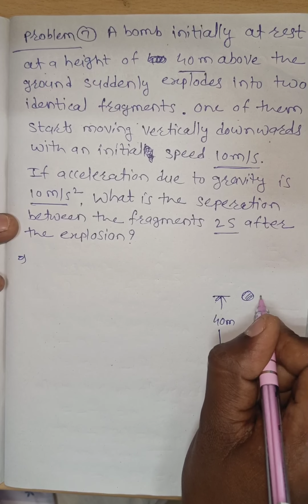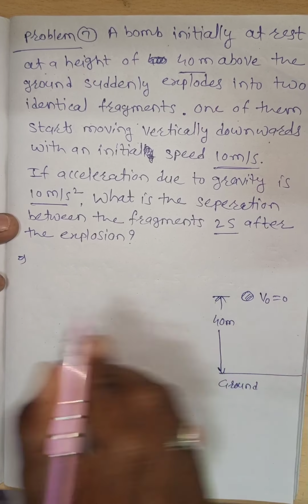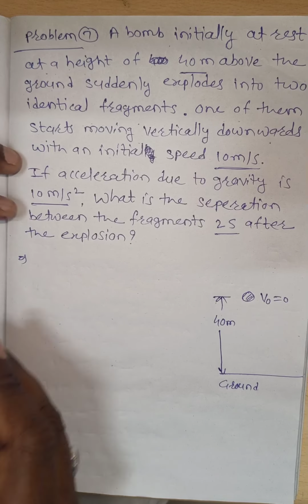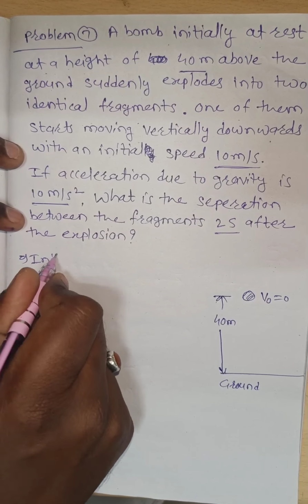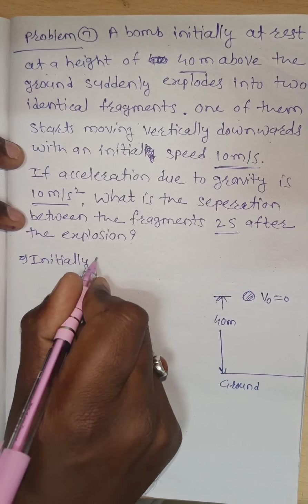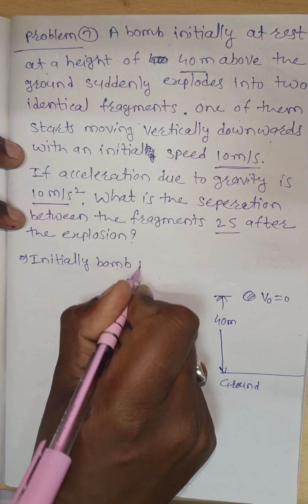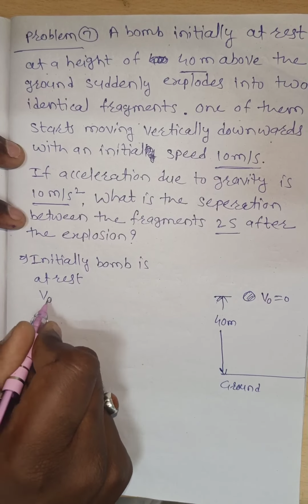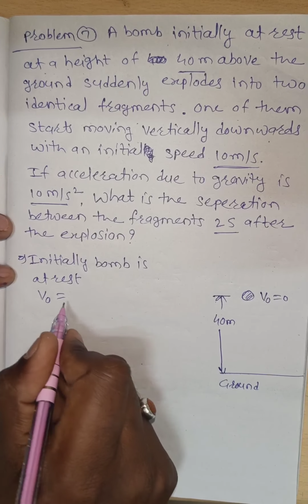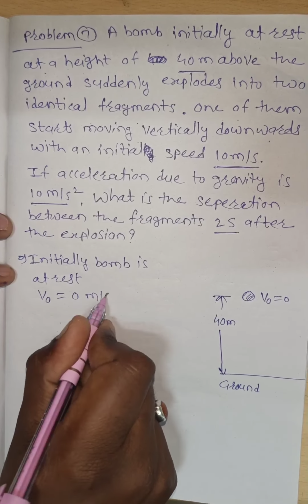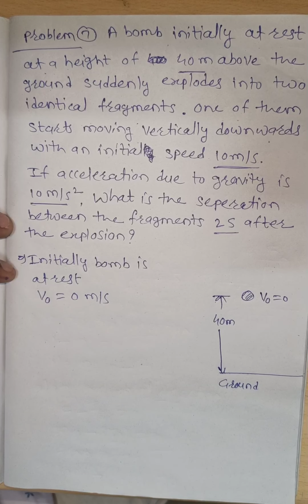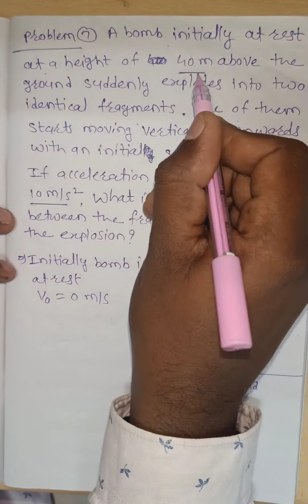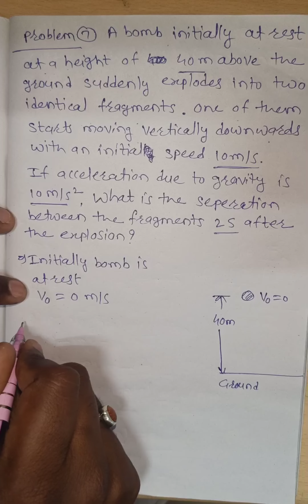The bomb is initially at rest, which means the initial velocity of the bomb is 0 meter per second, and the bomb is initially at a height of 40 meters.